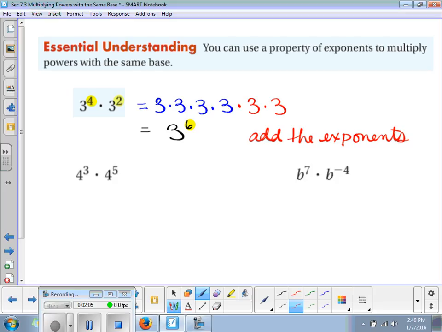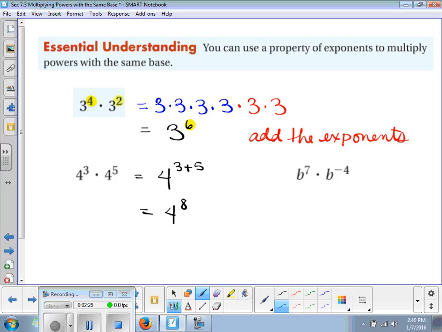So when we show our work, let's see, we're going to have 4 cubed times 4 to the 5th, right? We're going to say 4 to the 3 plus 5. And that's going to be equal to 4 to the 8th power.